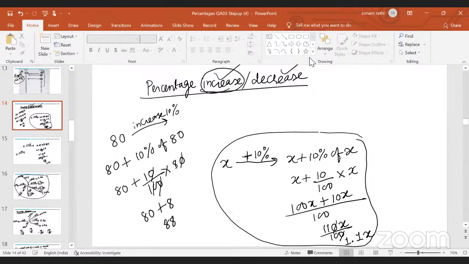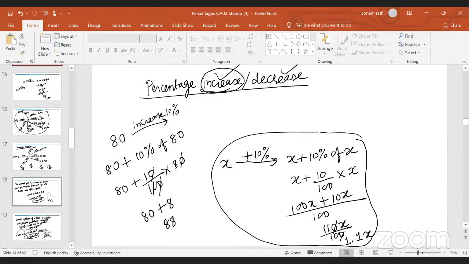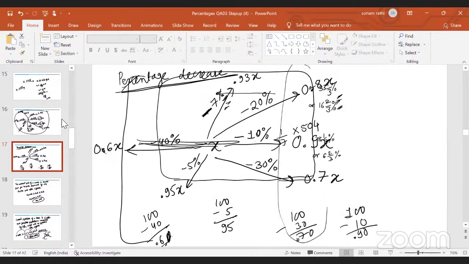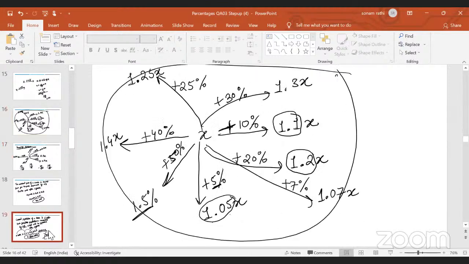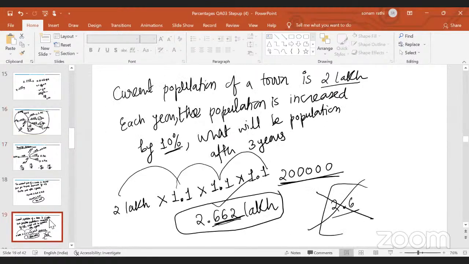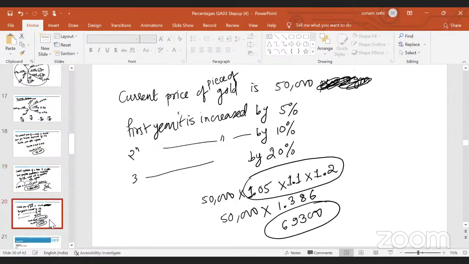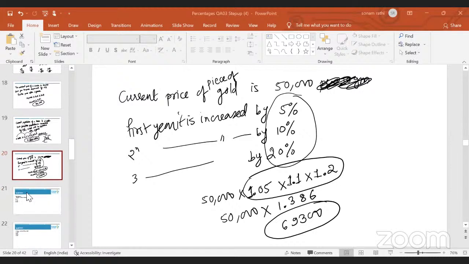Sometimes they can give you the same percentage increase or decrease. Sometimes they can give questions like first year 5%, second year 10%, third year 20%. So depending on the data, you will solve the question, right? Clear to everyone?